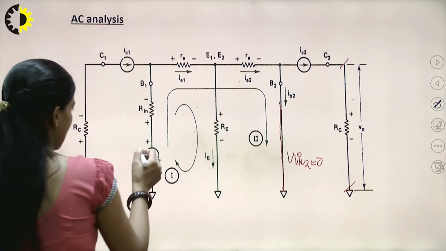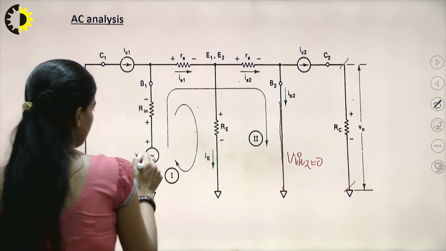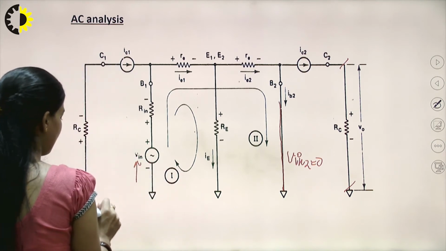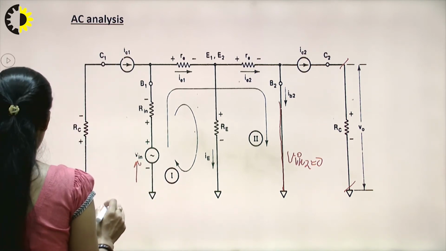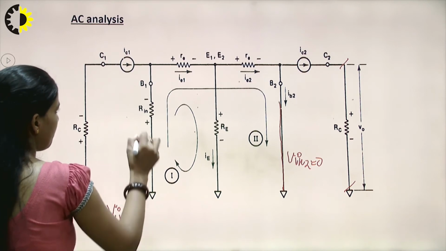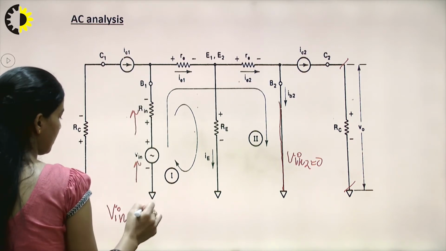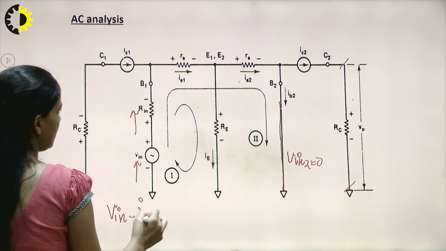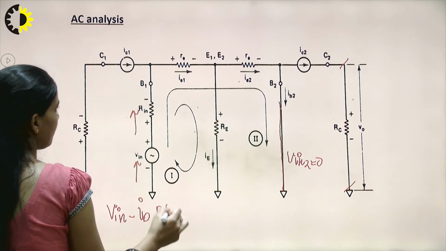So let us write the KVL equation starting from this Vin. We can write it as Vin minus this drop, that is IB into Rin.